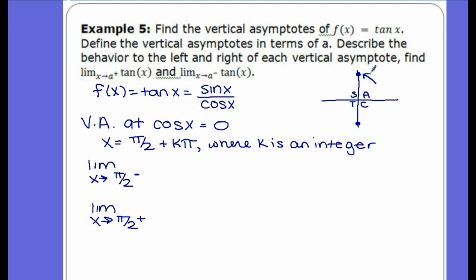So if we're talking about the limit from quadrant 1, all trig functions in quadrant 1 are what? Positive. So if we're talking about the limit from the left, what do we predict the tangent infinity to be? Positive.